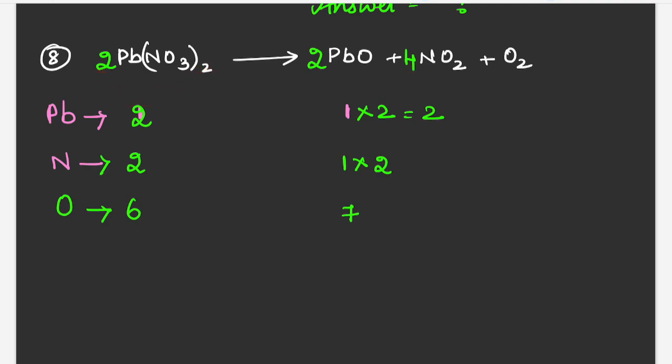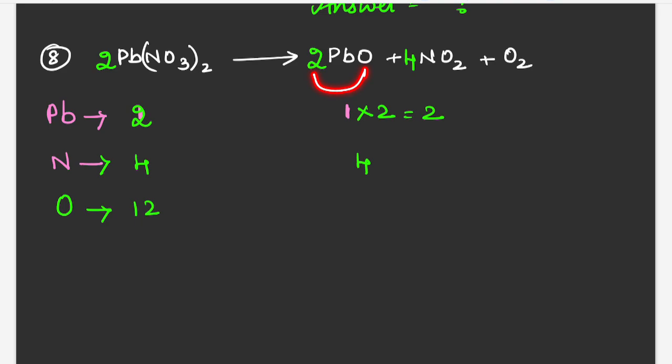So now again we have to check for the oxygen atom. So this is 4 and 4. So let us check oxygen. 3 2s are 6. 6 2s are 12. So here you have 12 oxygen atoms. On the other side you check how many are there.